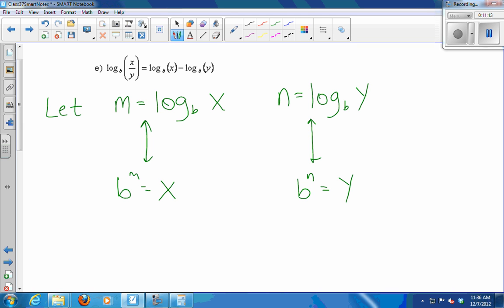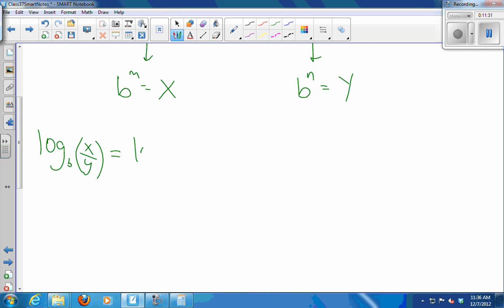So there's just some preliminary work. Now I'm going to go ahead and do my actual proof. Start here, log base b of x over y. And now I'm going to replace x and y with b to the m and b to the n. Okay, so I have log base b of b to the m over b to the n.